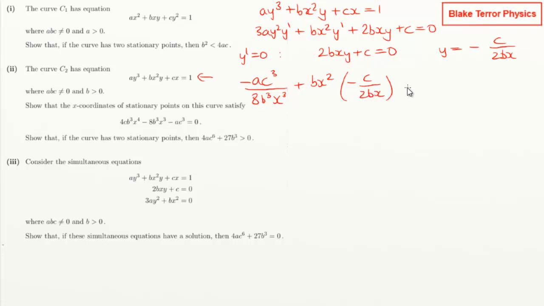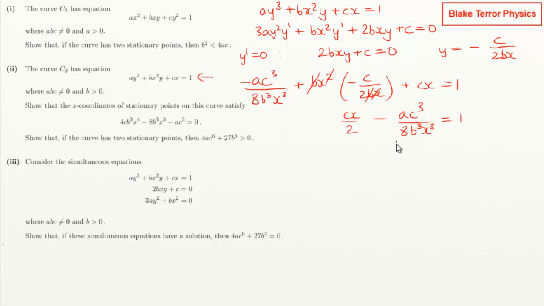So that's got a bit of cancelling there, plus cx is 1. So get rid of that and that, get rid of that and that. So I've got cx, so minus cx over 2 plus cx. Okay, so I've got cx over 2 minus ac cubed over 8b cubed x cubed is equal to 1.